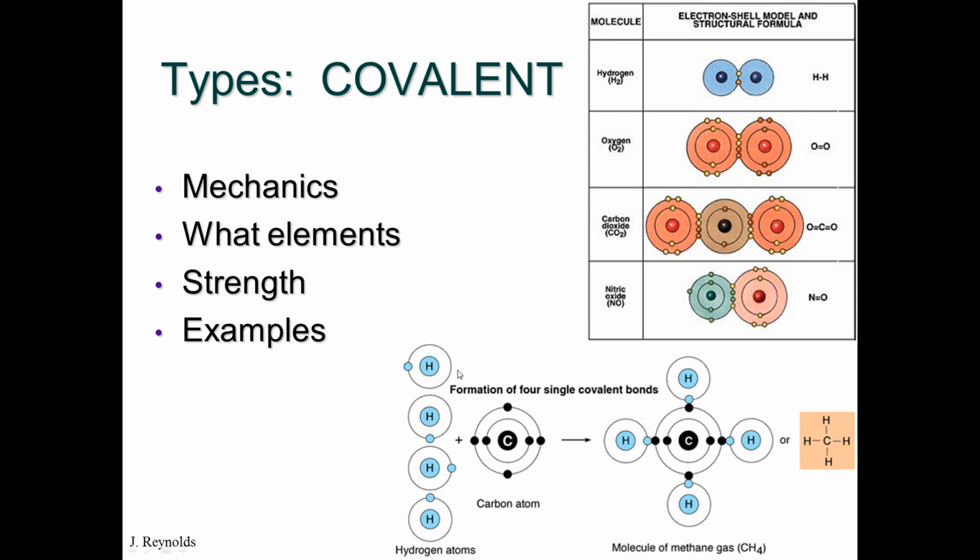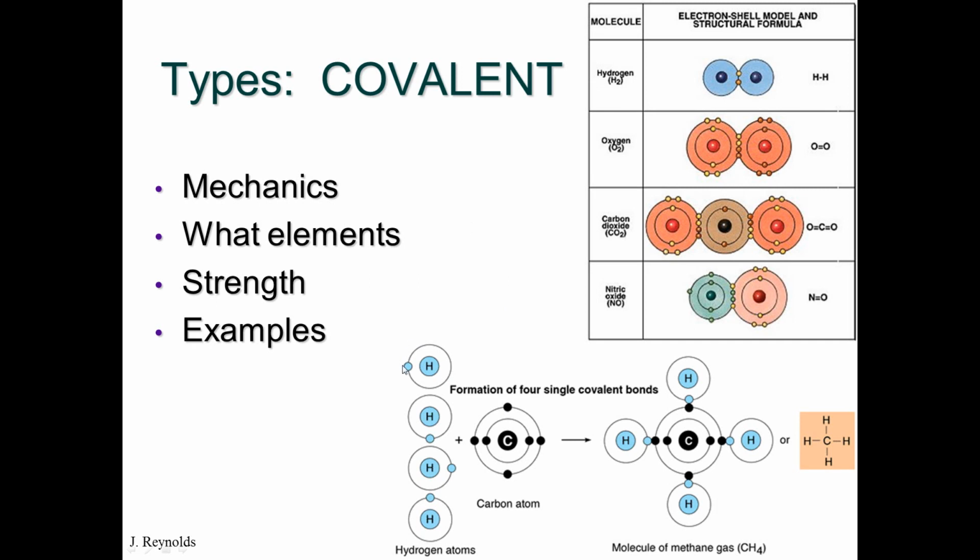So if you take this hydrogen right here and you put it into close proximity with a carbon, one of these outer electron orbit electrons can be shared by the hydrogen atom. The hydrogen is now happy because it's got 2 electrons in the shell. Carbon not so happy because it still has 4 of its own.